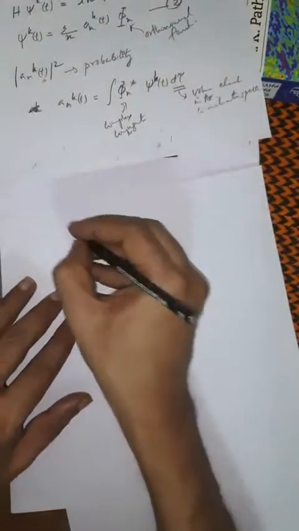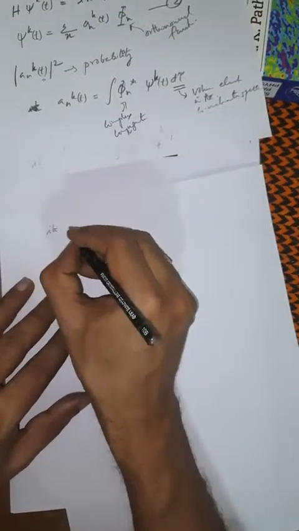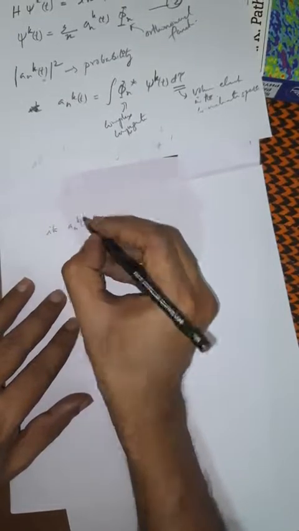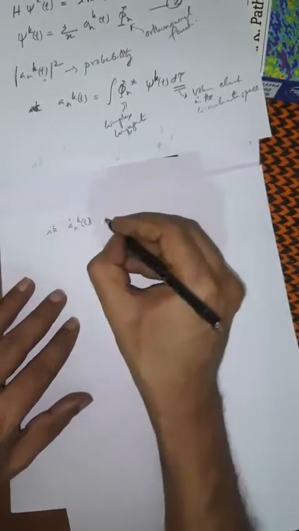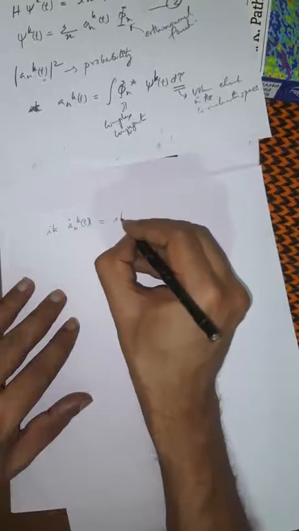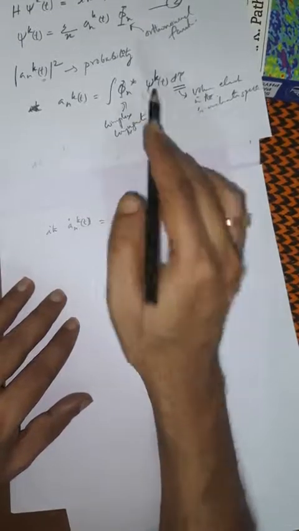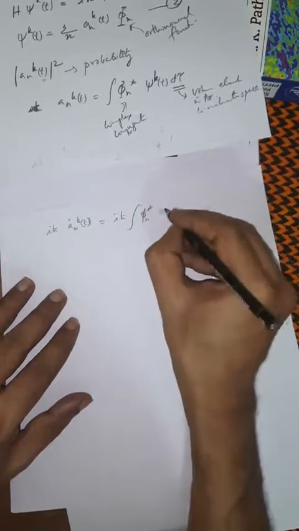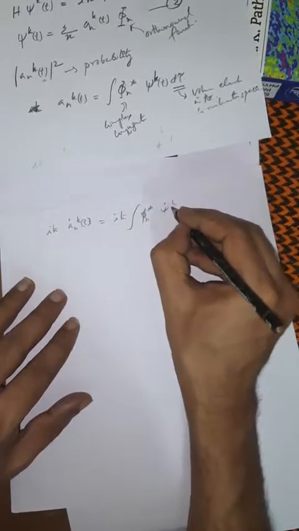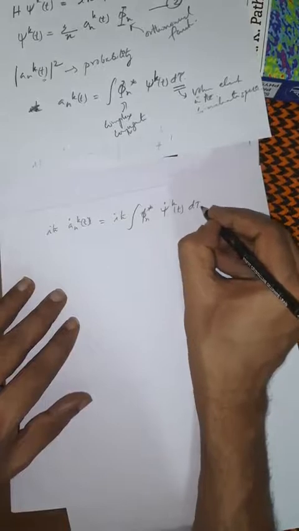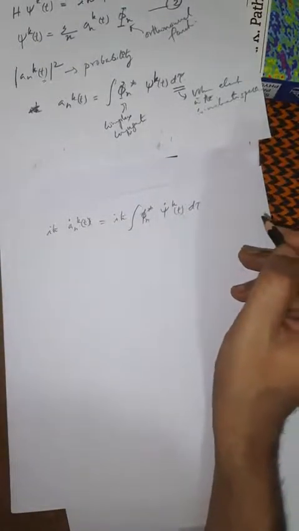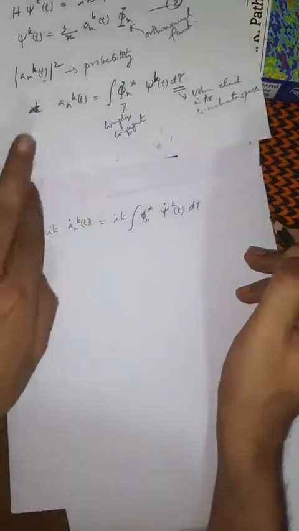So let's do i h-cut A_n dot (k,t) is equal to i h-cut integral. We use this function, right? Phi_n star psi_k dot t d tau.